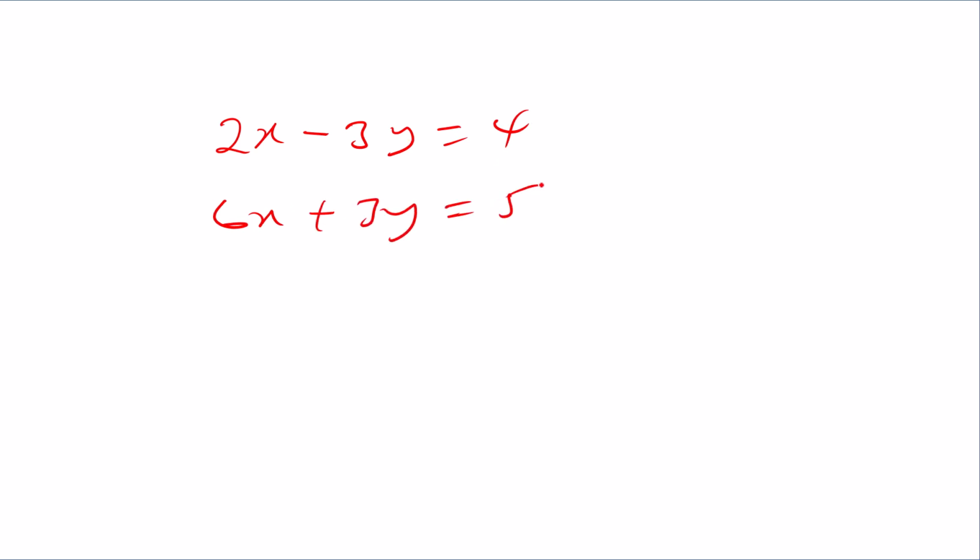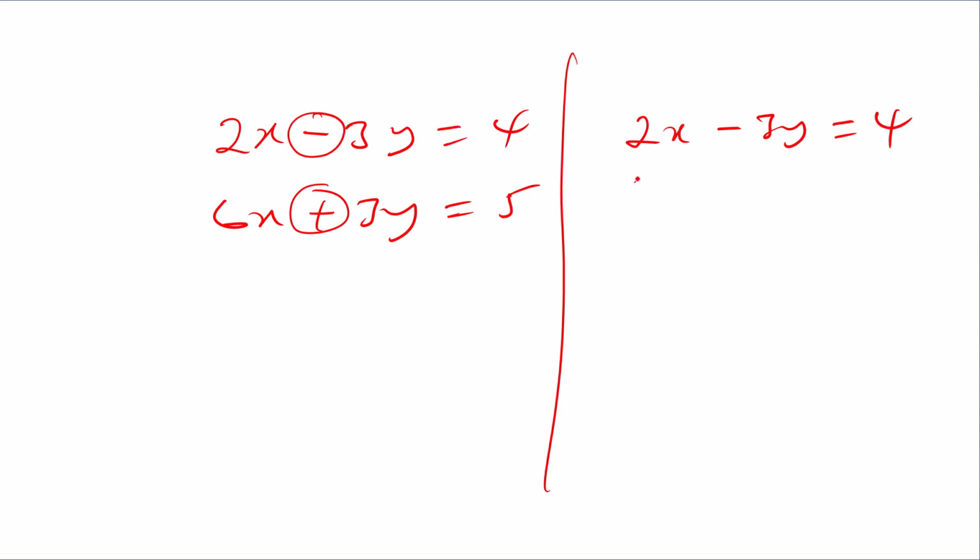One more thing before we solve examples, there is something you need to know. Let's look at the signs. We have minus here and plus here. Take 2x minus 3y equals 4 and 6x plus 3y equals 5. With the idea of elimination, because of this minus and plus, when we add the two equations, the y terms will vanish.